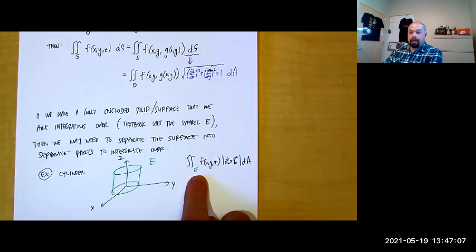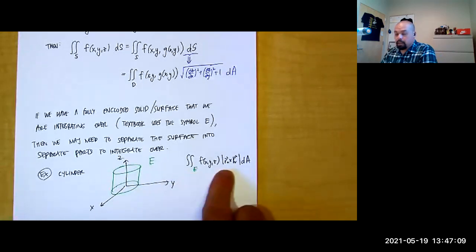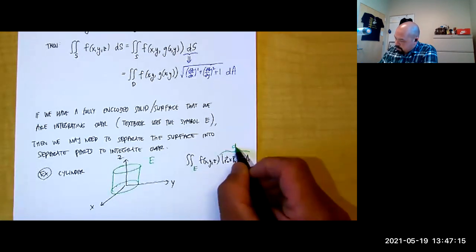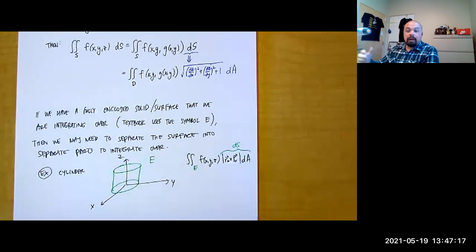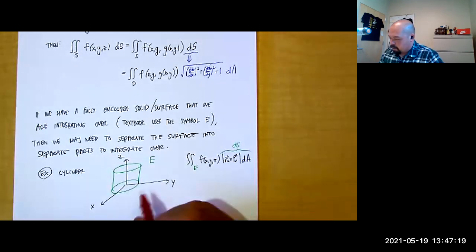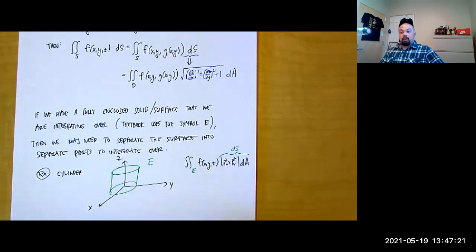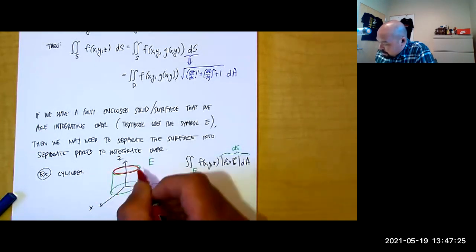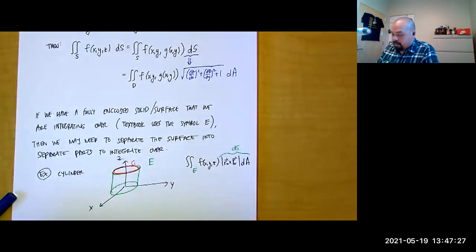So I want to integrate over this surface, this function, and there's my little ds part of it. What we have to notice is that, depending on how we organize, we have three different surfaces to manage.